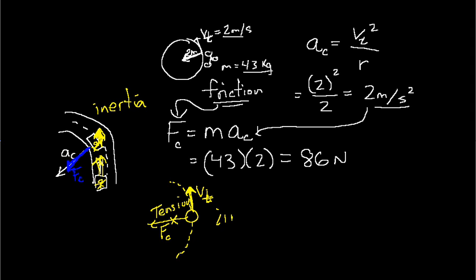That's also inertia. It's inertia that keeps the ball going in a straight path if the rope suddenly breaks. Okay? So those are important concepts that we needed to know and understand very well.